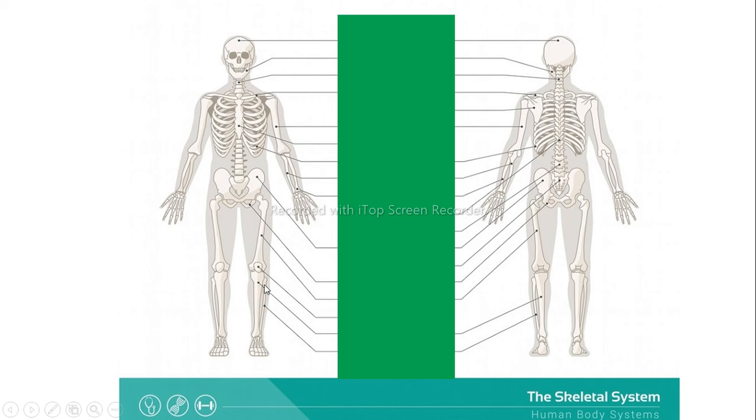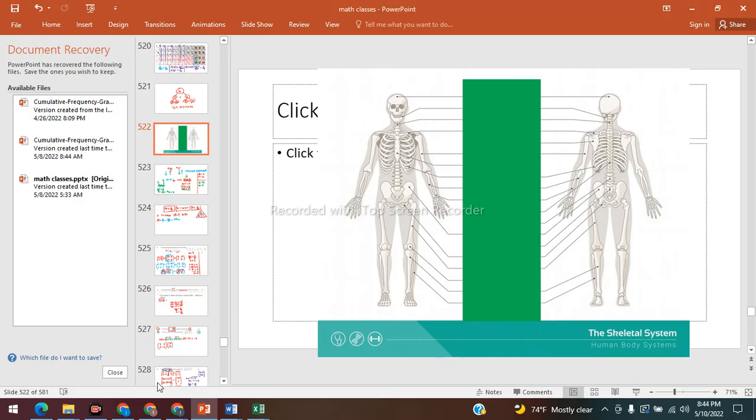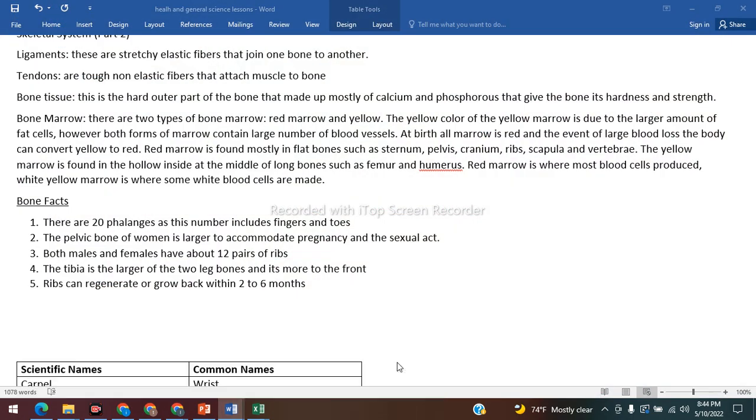Fibula. And then the shin bone is what we call the tibia. Good. You did pretty well. Very good. On point.